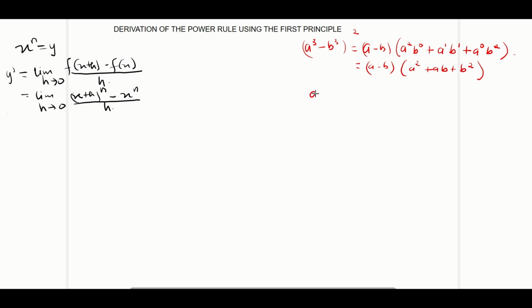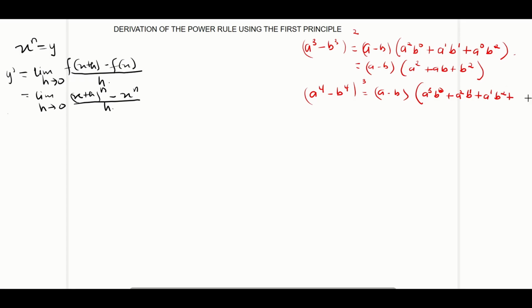Let's also take an example, a to the power 4 minus b to the power 4. The same way, we first take a minus b out, and the highest power we are left with is 3. So a takes the highest, 3, and b takes the least, which is 0. Then the powers of a decrease by 1, so this is 2, while b climbs to 1. Then a gets to 1 while b goes to 2.